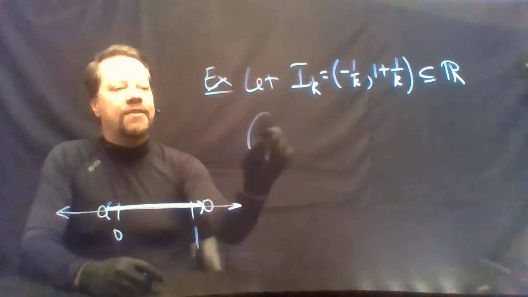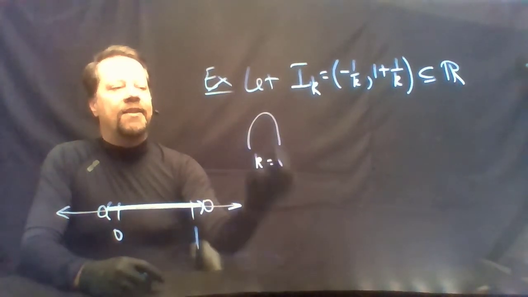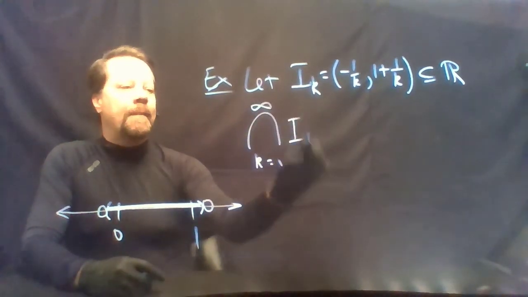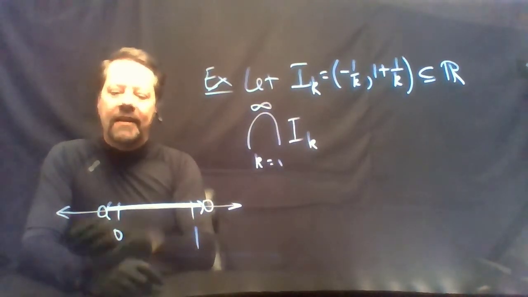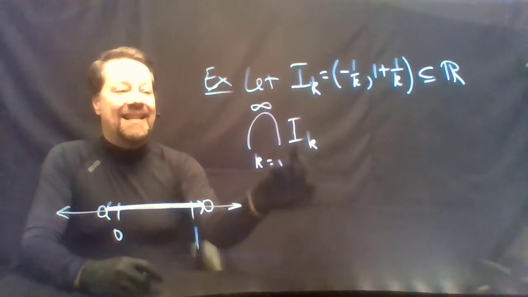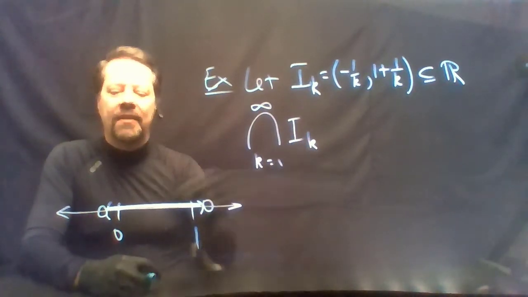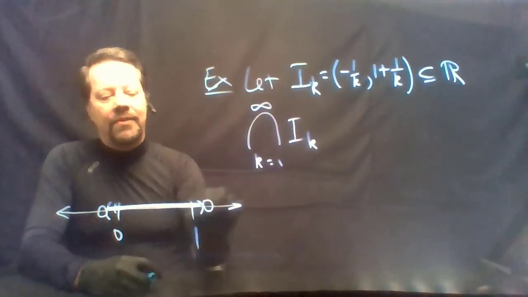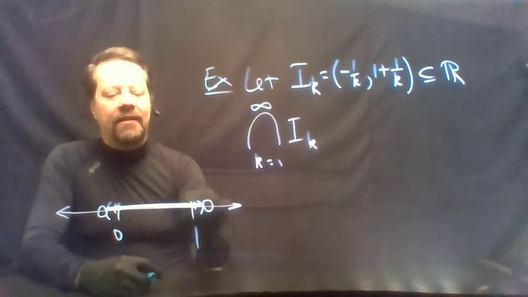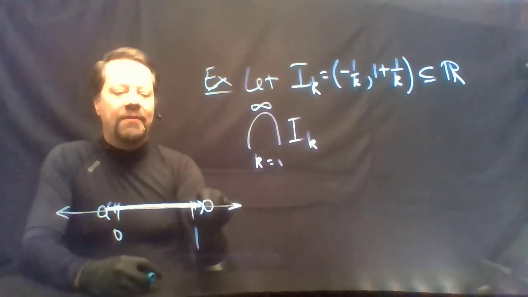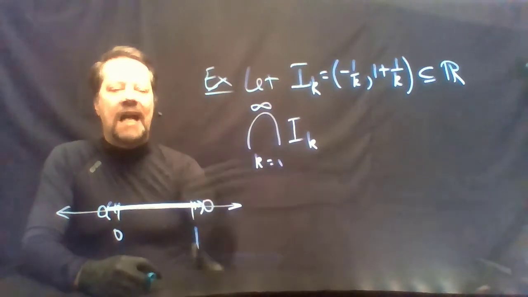If we take the intersection of these, as k goes from 1 to infinity, then 0 and 1 is indeed an element of every single one of these I sub k's. But they get closer and closer, wedging in on there. Any point bigger than 1 will not be in the intersection.